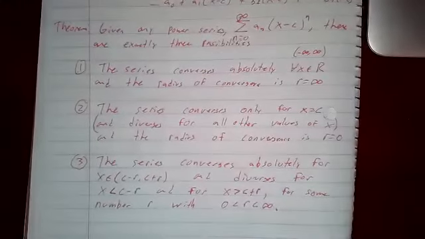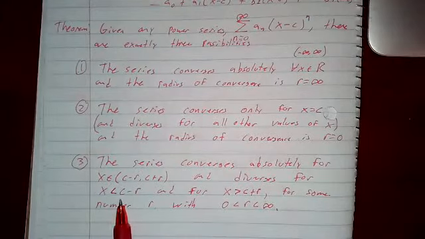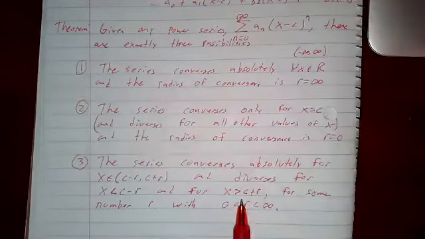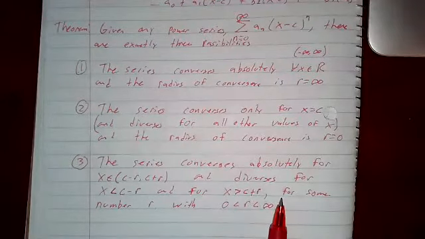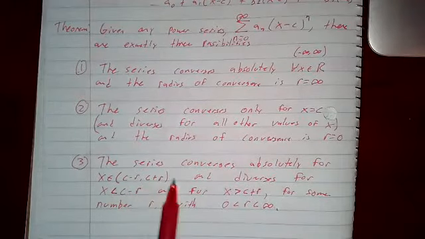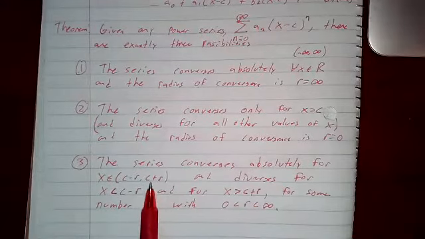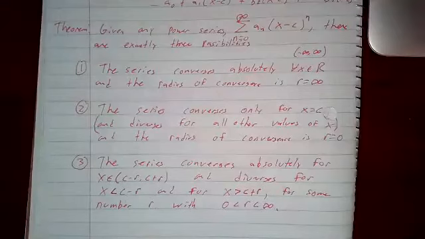Basically, what the theorem is talking about is x less than c minus r and x greater than c plus r. So it diverges outside this interval, beyond c plus r and below c minus r. Okay, I'm understanding.